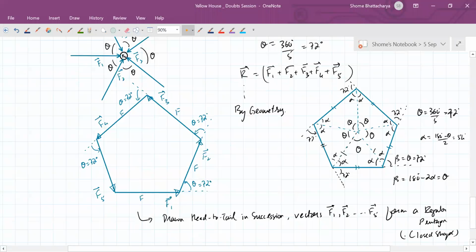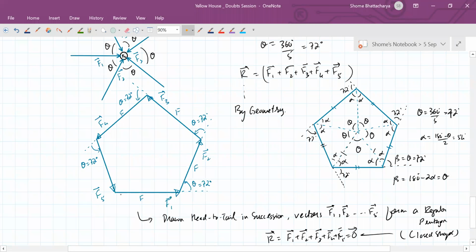Because they form a closed shape, it means that their resultant is how much? It's 0. This is becoming a null vector.